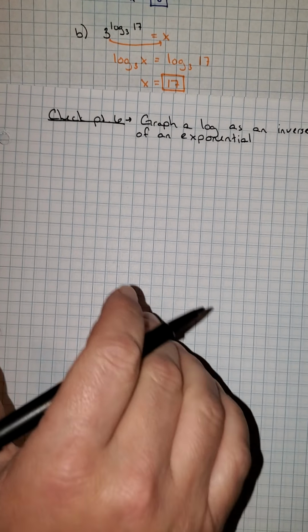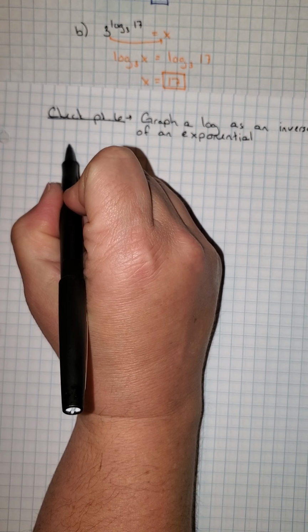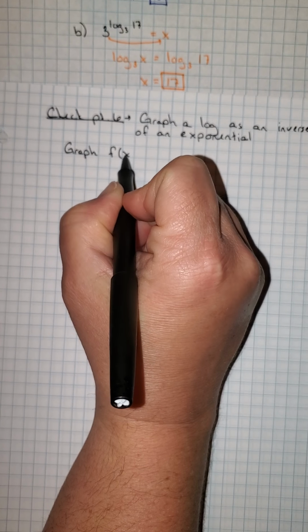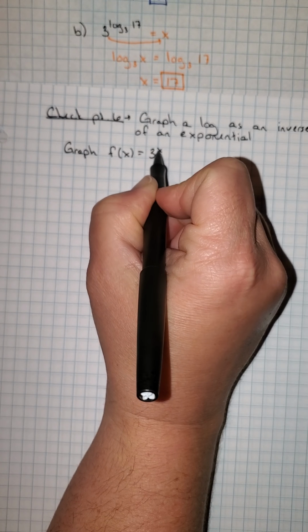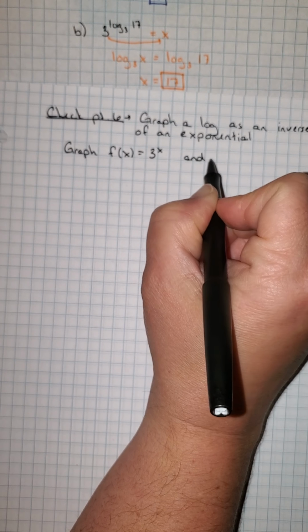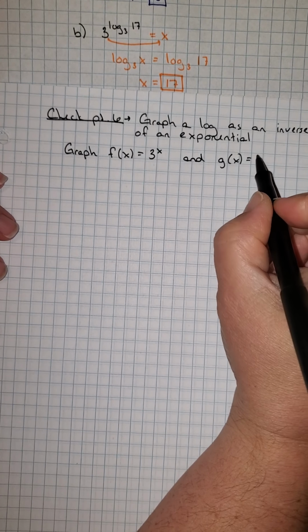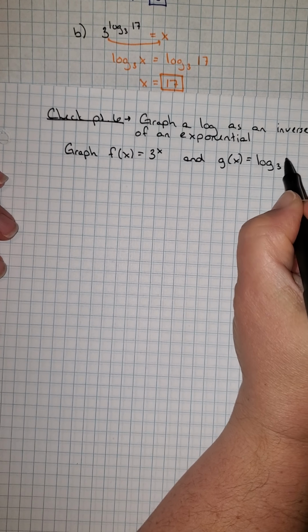Okay, so we're going to graph f of x equals 3 to the x, and g of x equals log base 3 of x. So we're going to compare these two graphs.